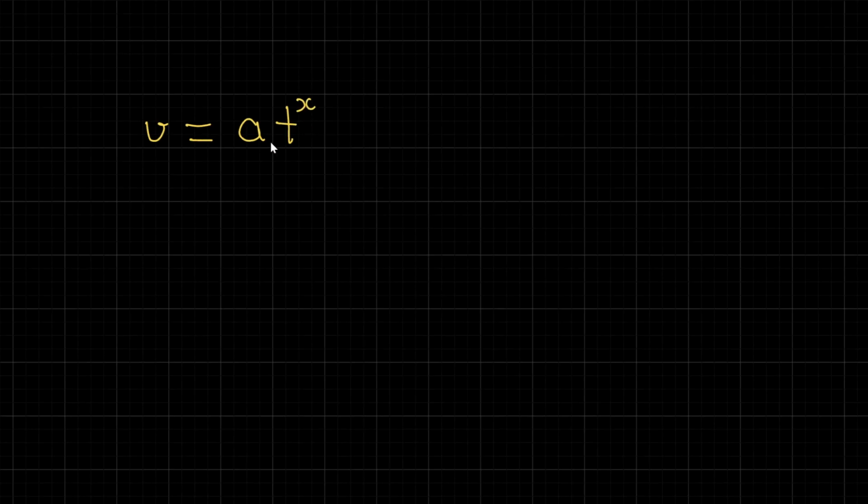So this is velocity, acceleration, and time, right? This should be physically correct, so the dimensions of this and this should be the same. So let's see, we have v, which obviously is L over T, right?